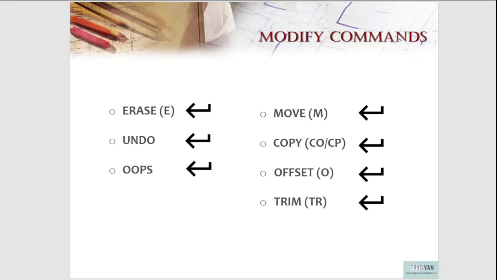The circle can also be offset. So, offset: O, then enter. And then we select the offset distance. I will just press enter or the space bar because there is a value. You can see there's a 10 value because this is the offset distance that we used earlier.